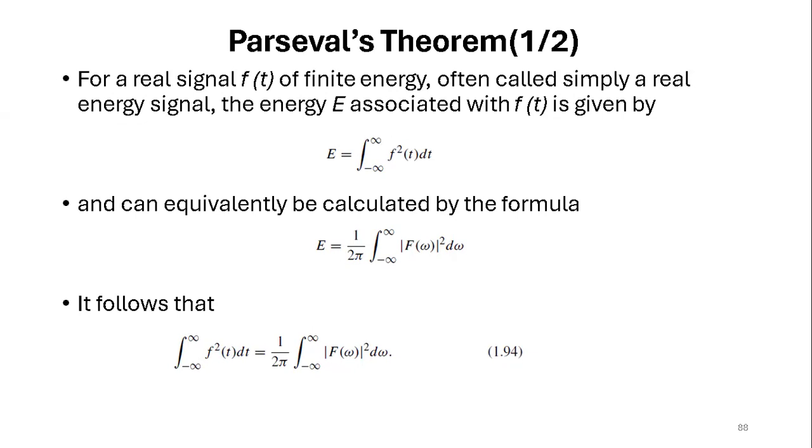The energy of a signal is given by E equals the integral from minus infinity to infinity of f(t) squared dt, and it can also be calculated as E equals 1 over 2 pi times the integral from minus infinity to infinity of F(omega) squared d omega. It follows that the integral of f(t) squared dt is equal to 1 over 2 pi times the integral of F(omega) squared d omega.